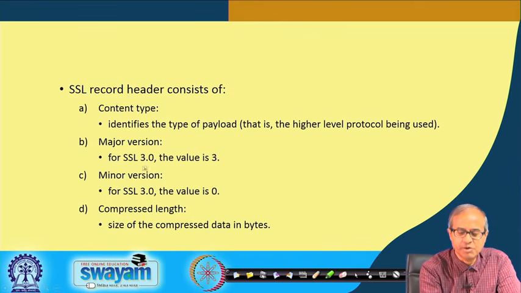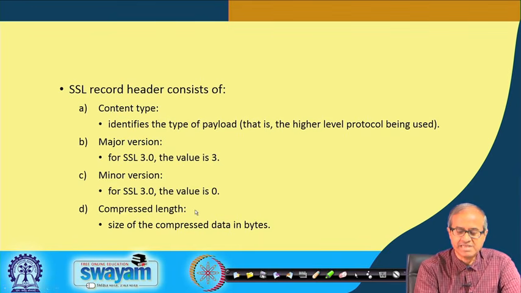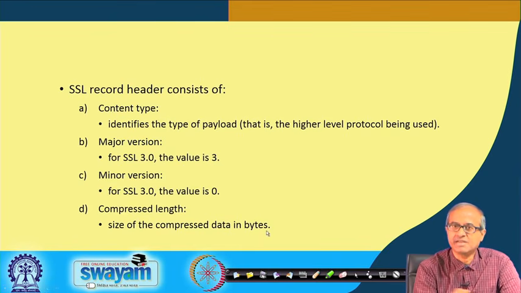In SSL 3.0, the first number is the major version, the last number is the minor version, 3.0, 3.1, like that the version grows. And the compressed length, the size of the compressed data in bytes, is also mentioned.